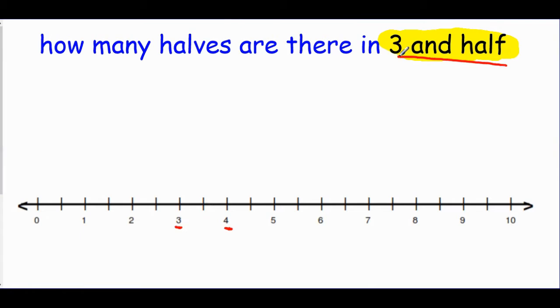Three and a half is halfway between three and four, so it is here. Let's see how many halves go in three and one half. It is one half, two halves, three halves, four halves, five halves, six halves, seven halves. So the answer is seven halves.